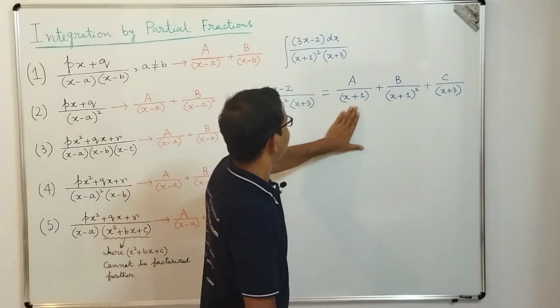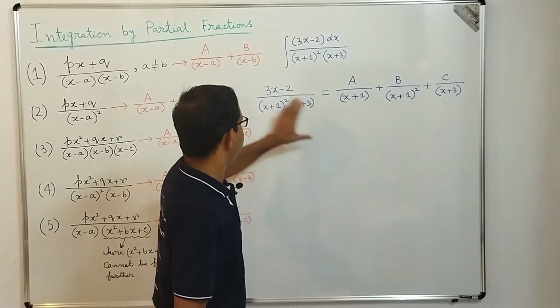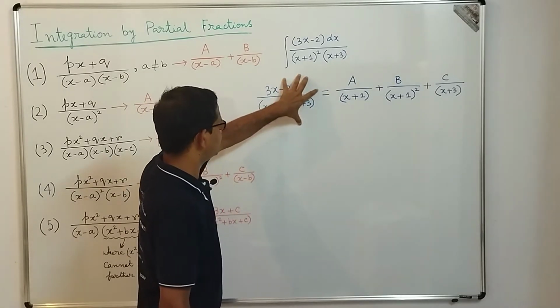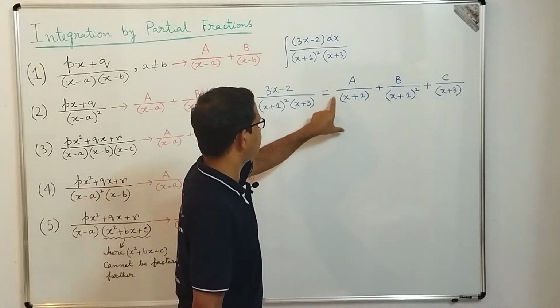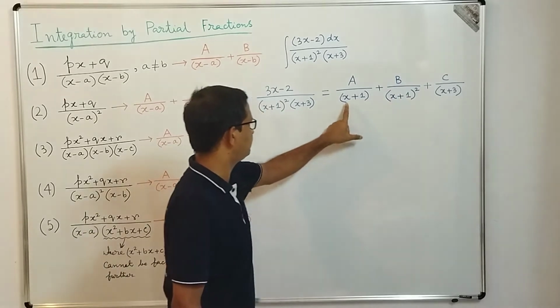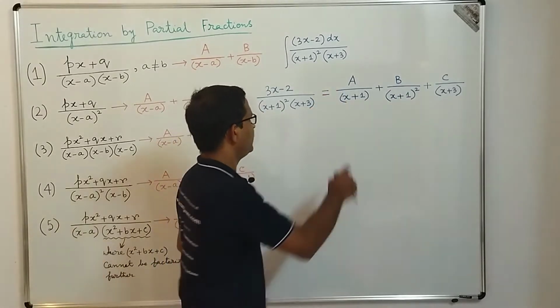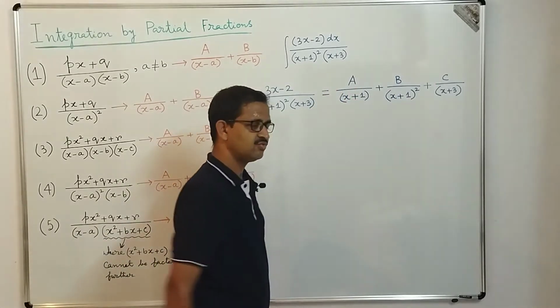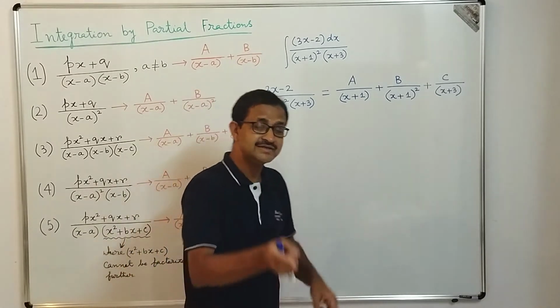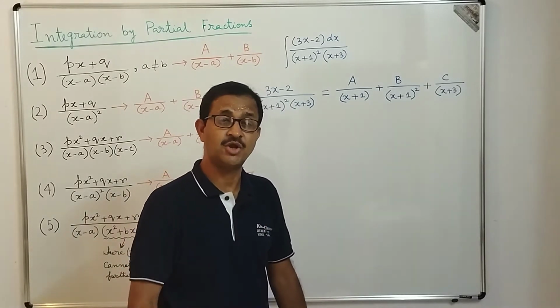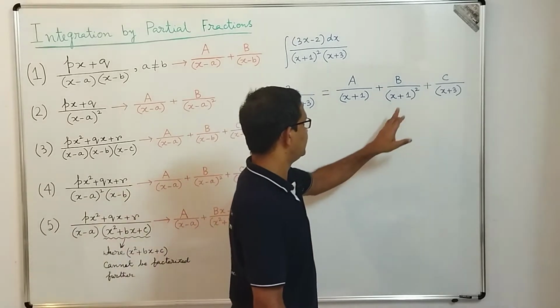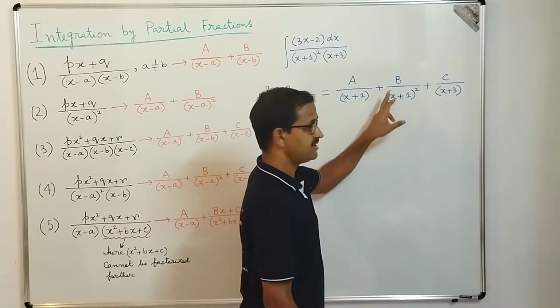After that, integration will be very easy, because we know the integration of the left hand side expression is equal to the sum of the integration of these 3. For example, A into integration of 1 by x plus 1 dx, and we know integration of dx by x plus 1 is log of mod x plus 1. B should be outside because it is a constant.